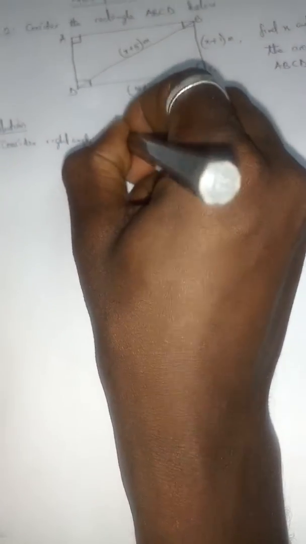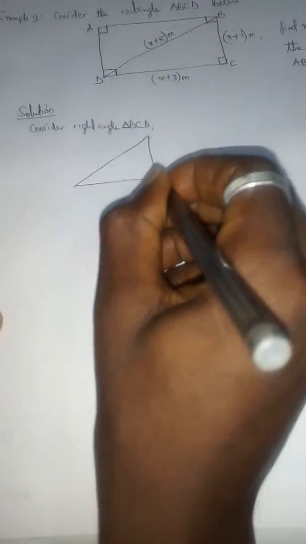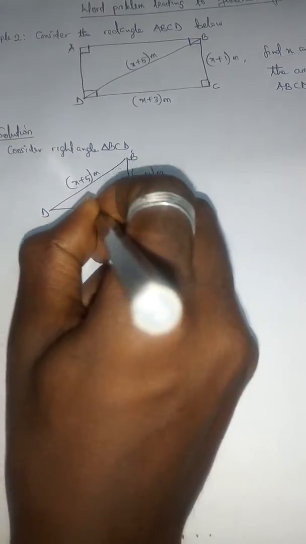So consider the right angle triangle BCD. This is x plus 5 meter, this is x plus 1 meter, this is x plus 3 meter.